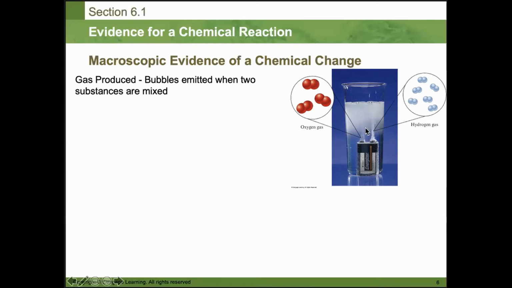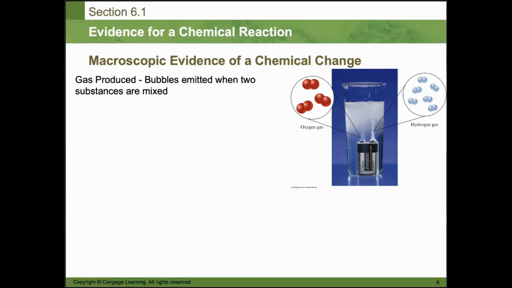So water is made of H2O. You can separate the hydrogen and the oxygen just by putting a battery in water. And you can see that the bubbles that are occurring are two different kinds of gases coming off the different plus and minus, positive and negative sides of the battery. So one will have hydrogen gas coming off, and one will have oxygen gas coming off. So gas can be produced. That's a common thing to see.